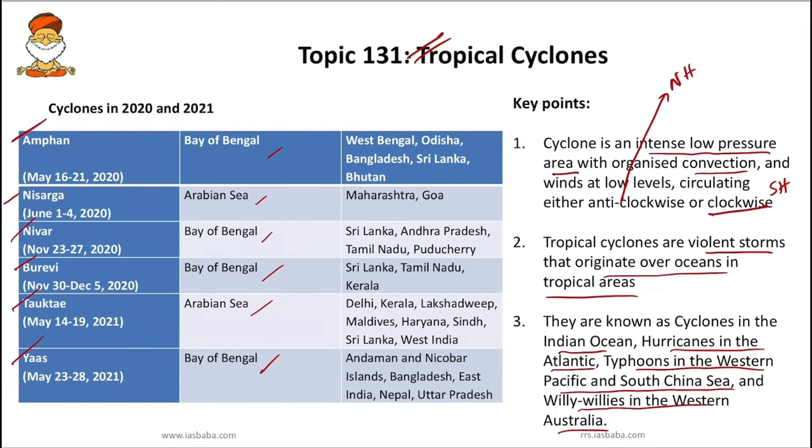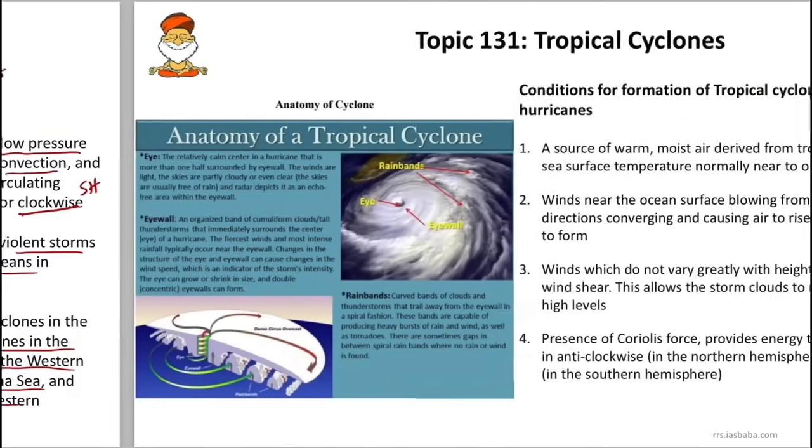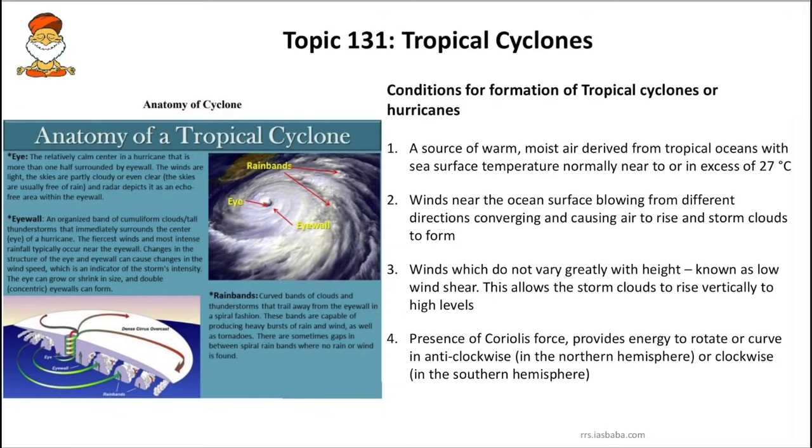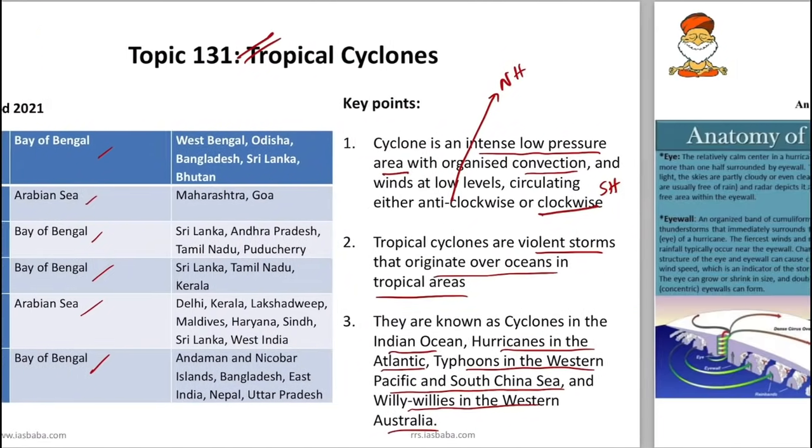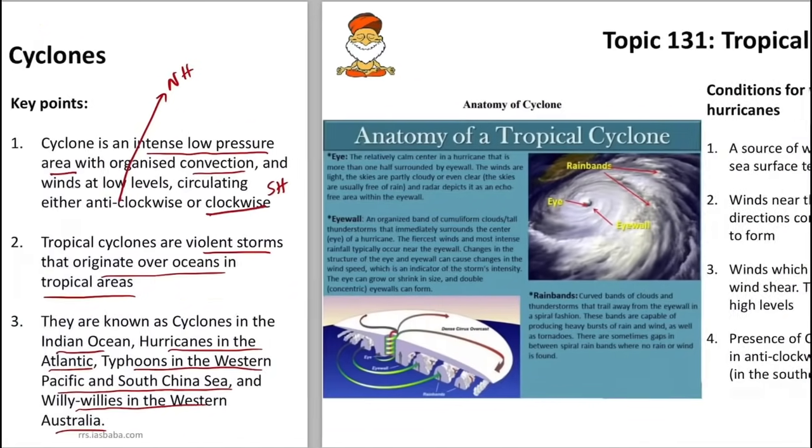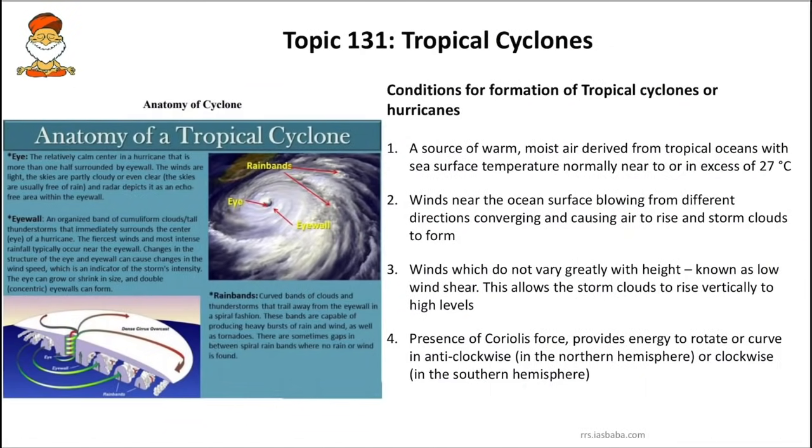We call them tropical cyclones when they form over Atlantic Ocean, hurricanes when they are formed over Pacific Ocean, and the ones that form over Northwest Pacific are called typhoon, and Willy Willies over Australia, right?